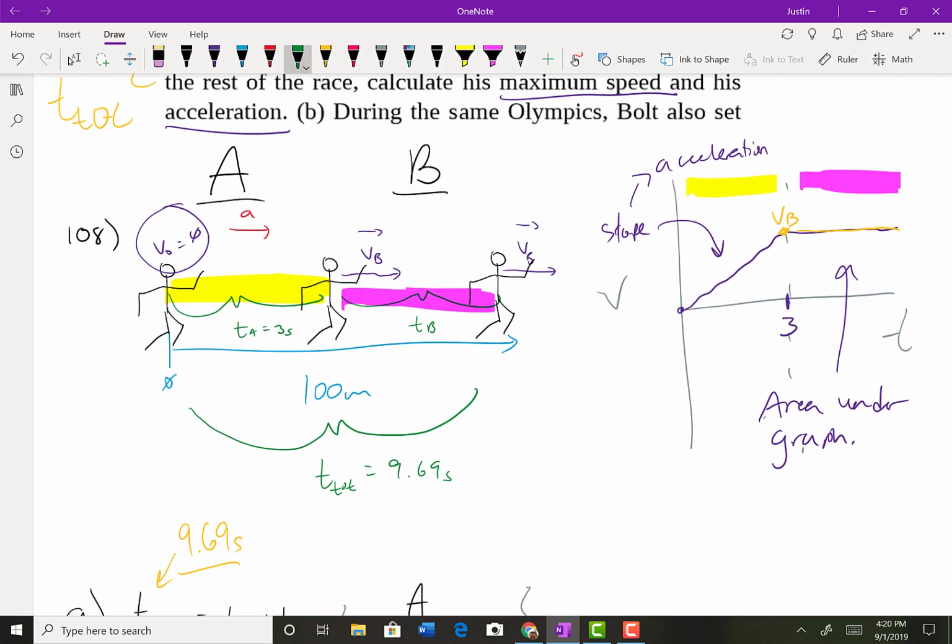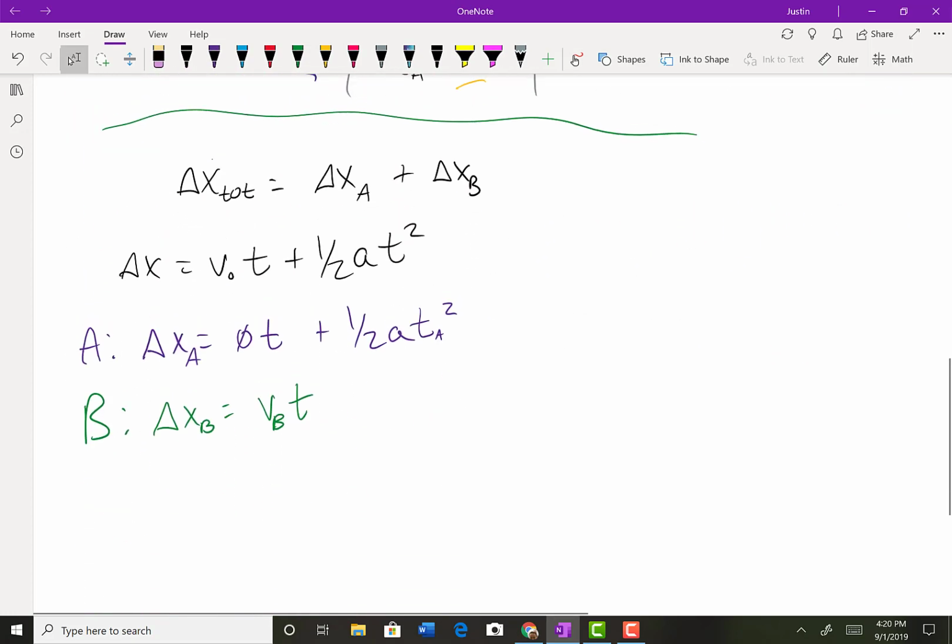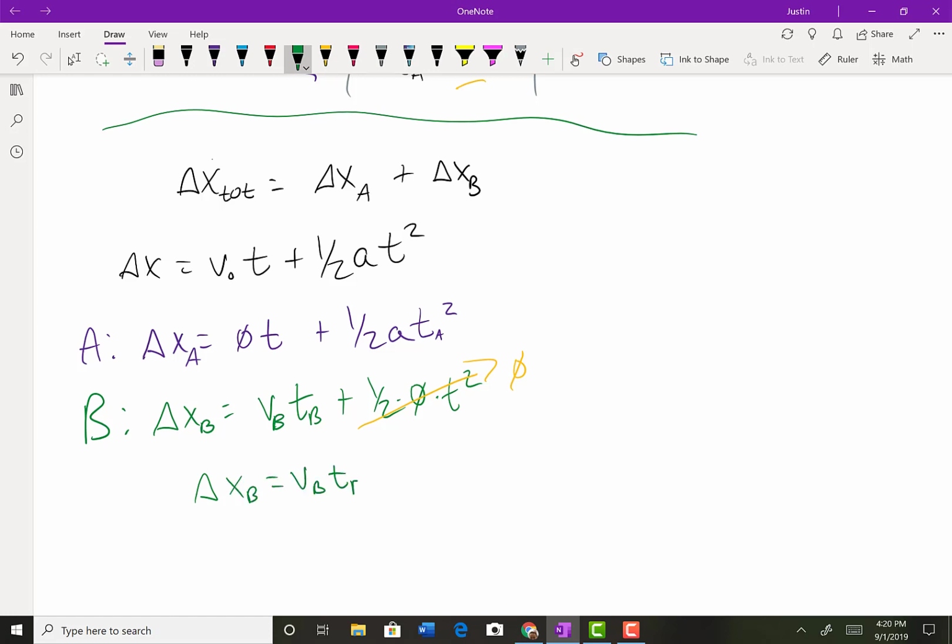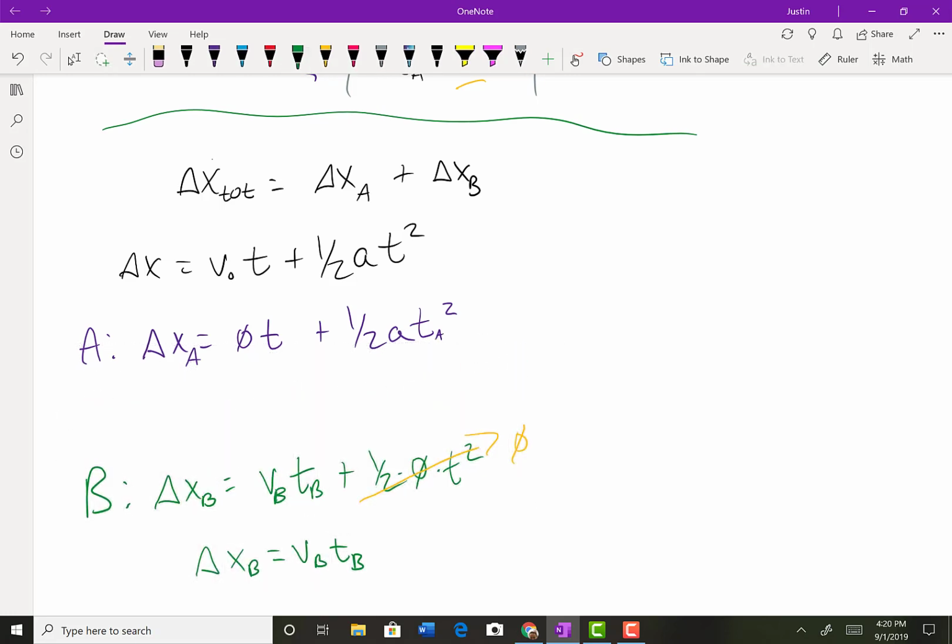So that's going to be TB plus 1/2 the acceleration, which was 0, times t squared, and 0 times anything is just 0, so all this just goes to 0. That just leaves me with delta XB equals VB TB, and I should have simplified A. A can simplify to delta XA equals 1/2 A TA squared.